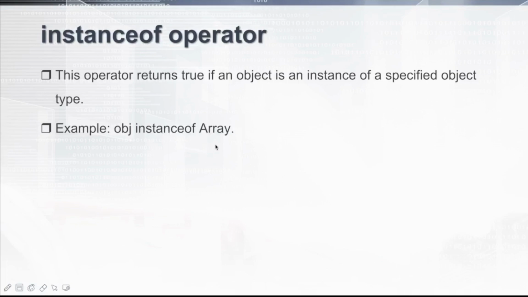When you talk of objects, we have the object, we have the array. This also is going to make more sense when we treat objects. I just wanted to introduce it and what it means. When we treat objects, we will still look at the instanceof operator.